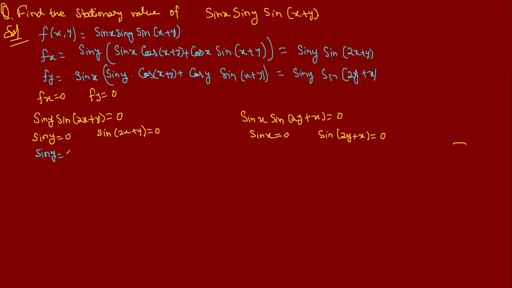So it is 0 when y is equal to 0 or y is equal to pi, right? Because sine pi is 0.